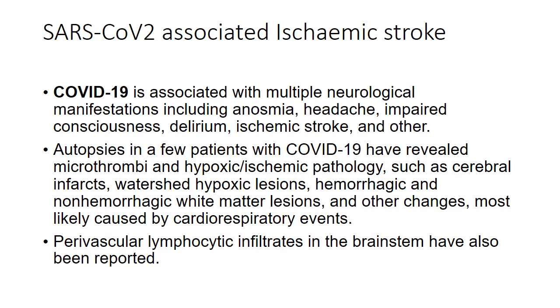Autopsies in few patients with COVID-19 have revealed microthrombi and hypoxic ischemic pathologies such as cerebral infarcts, hypoxic lesions, hemorrhagic and non-hemorrhagic white matter lesions, and other changes typically associated with cardiorespiratory events. Perivascular lymphocytic infiltrates have also been noted in the brain stem.